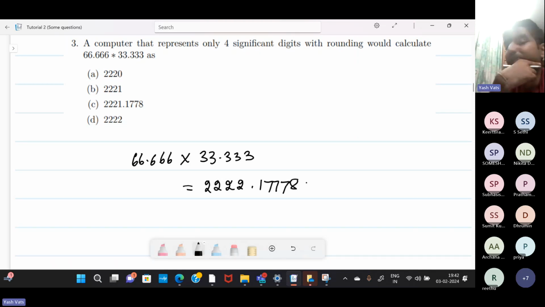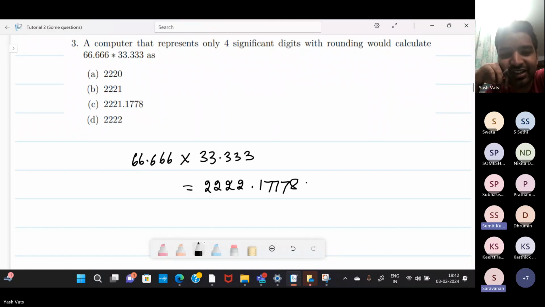So what should be the number according to you? Anyone? Option C. Why C? Why D?